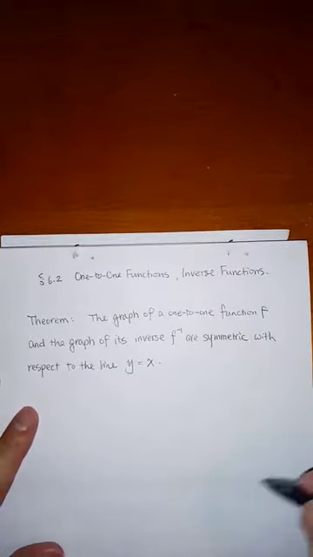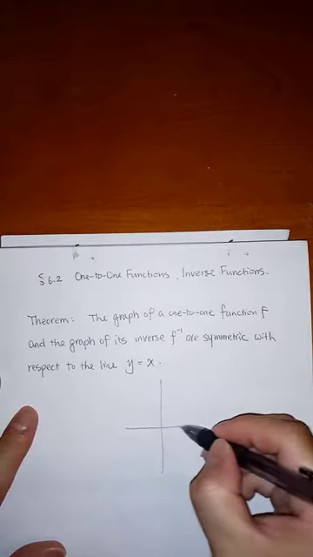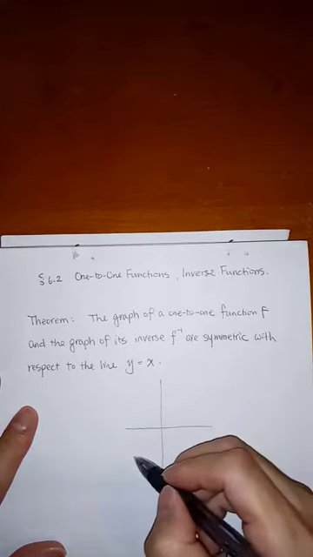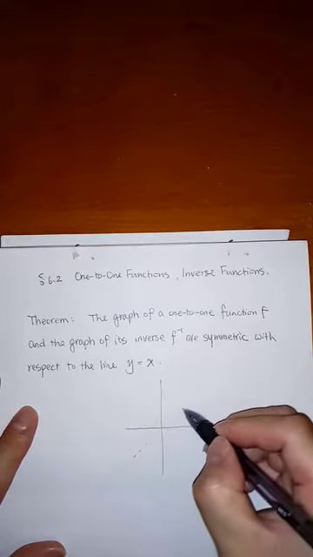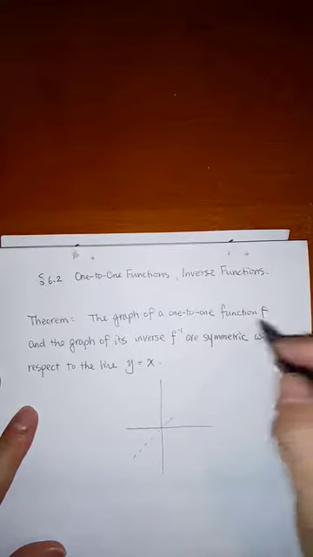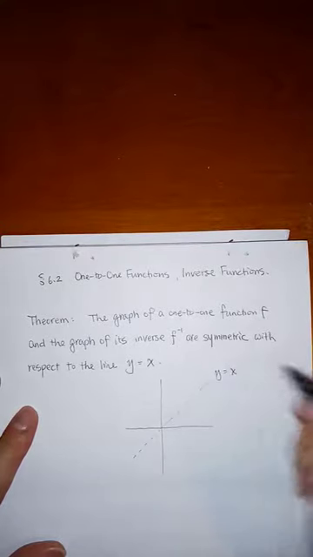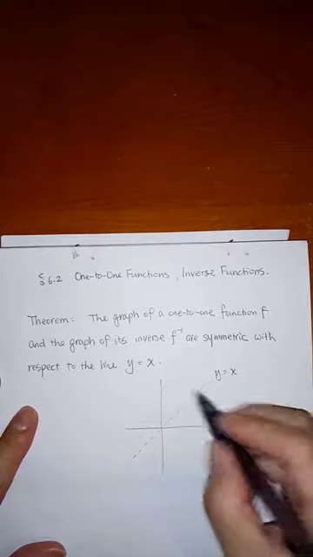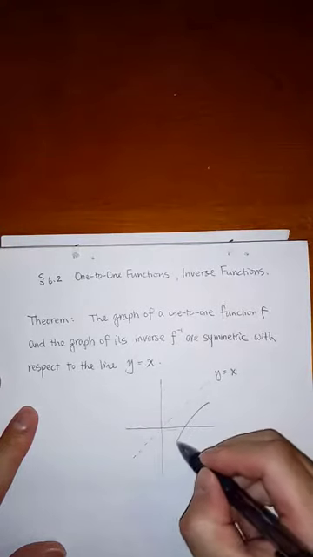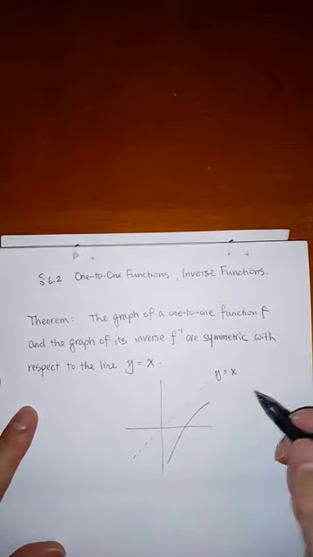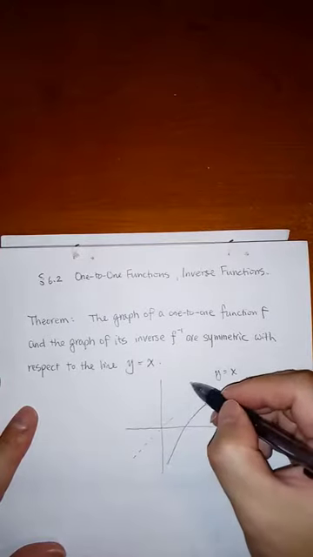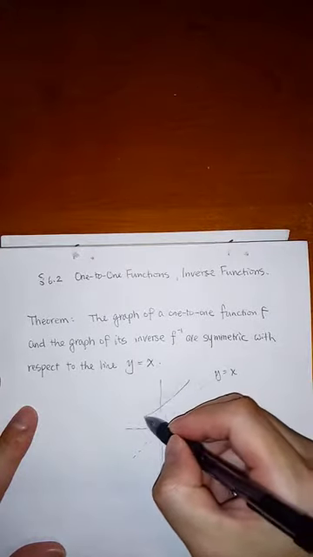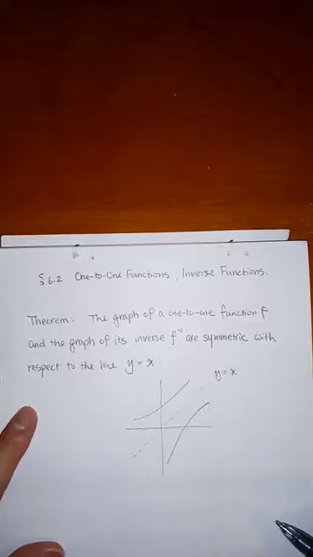Y equal to x is a diagonal of the first and the third quadrants. So this is the line y equal to x. The theorem claims the graph of the one-to-one function and the graph of the inverse function are symmetric.